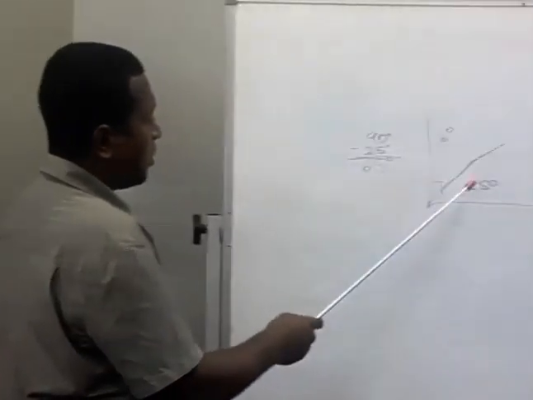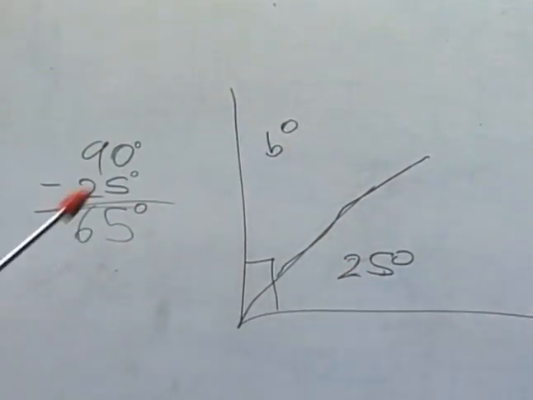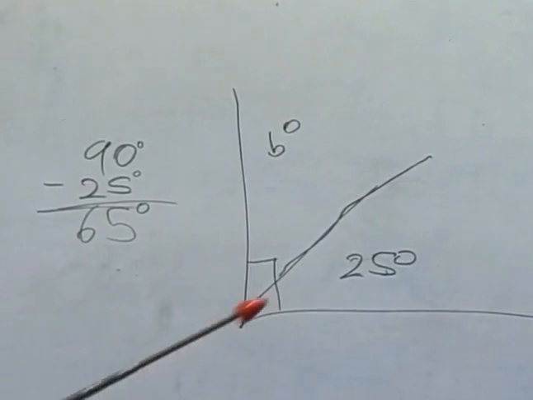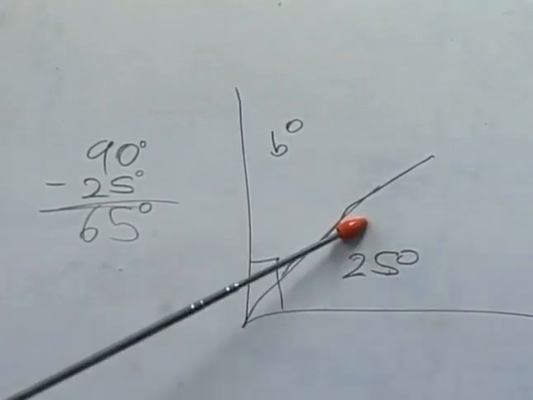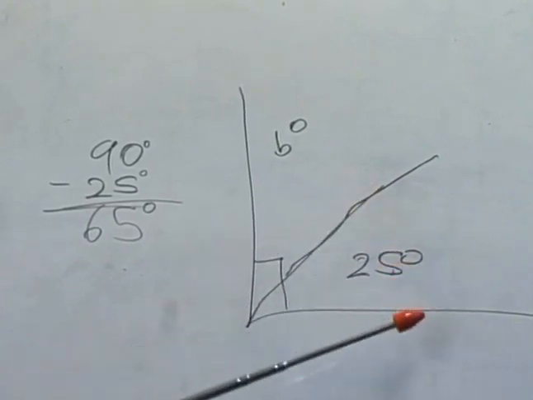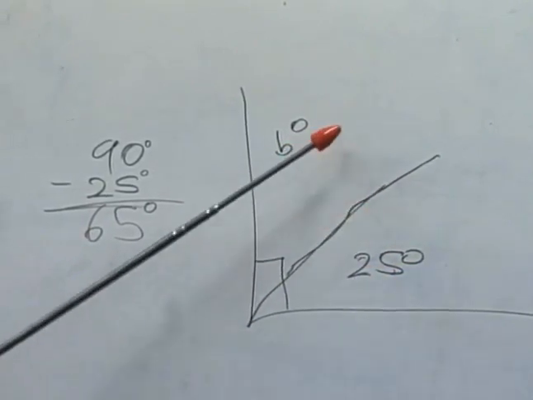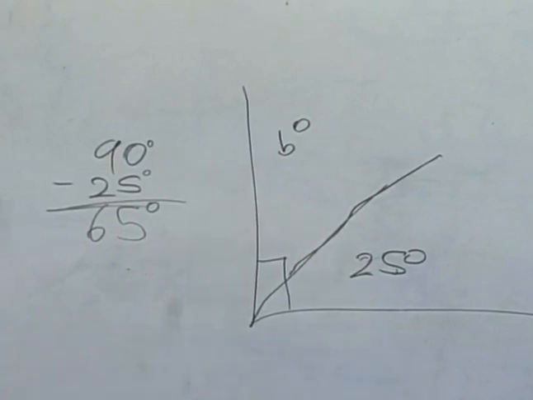Yes. Okay, very good. Now, class, what angle is this? What do these two angles form? These two angles here. This angle, this angle. What did we say?